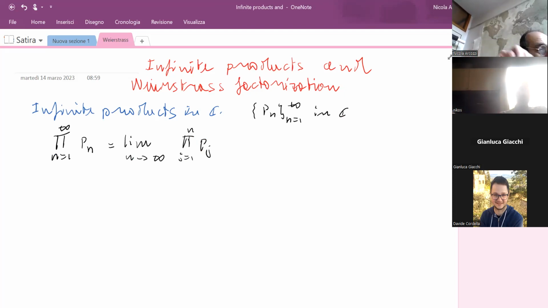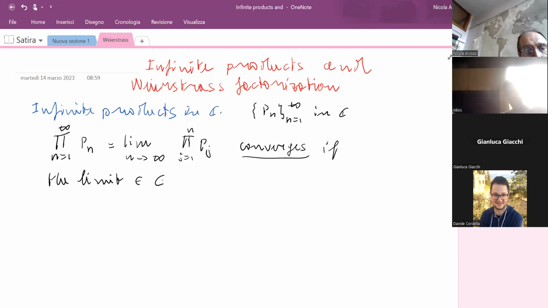And we say that this limit converges if the limit belongs to C minus 0.